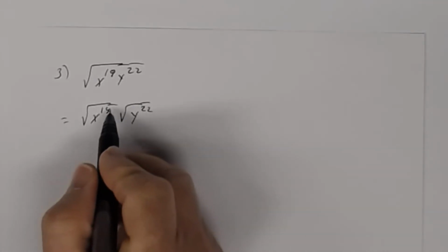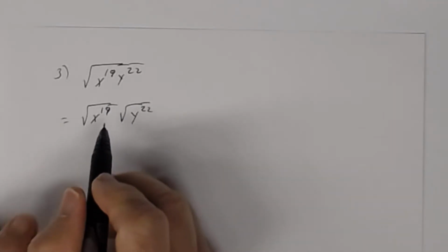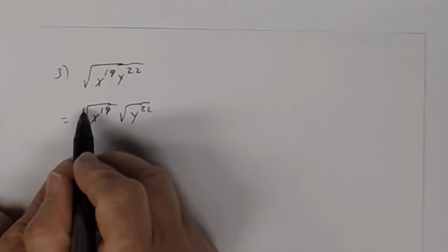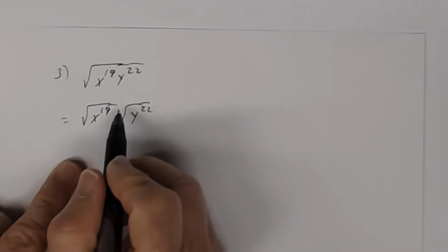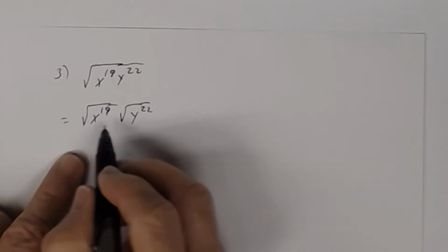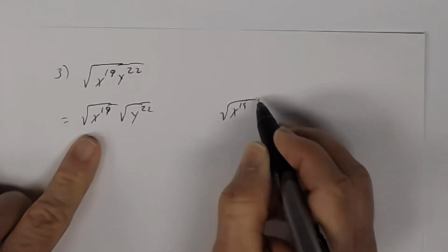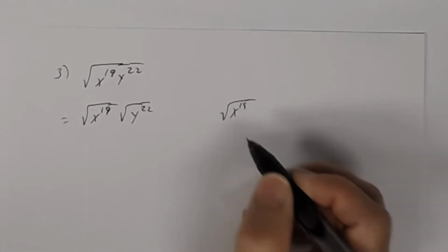Okay, now we're gonna simplify. I can simplify both of those, right? Because 19 is greater than or equal to the index 2, and 22 is greater than or equal to 2, so I can simplify both. So let's go off to the side and do the first one. Square root of x to the 19th. 19 is not divisible by 2.